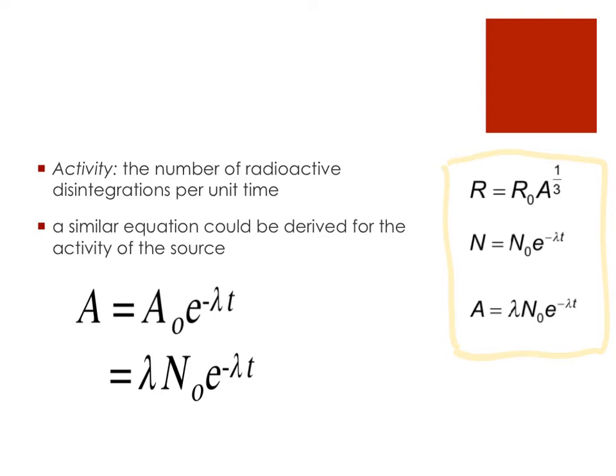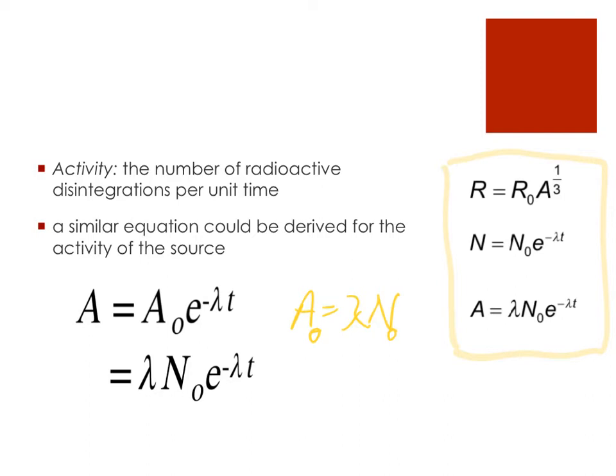And so here's where I want to point out a really important equation that's not in the data booklet that you almost think should be. A equals lambda N. That is the relationship: the activity is equal to our decay constant times the number of nuclei. If I want to know it at time 0, then I would say A naught equals lambda N naught.